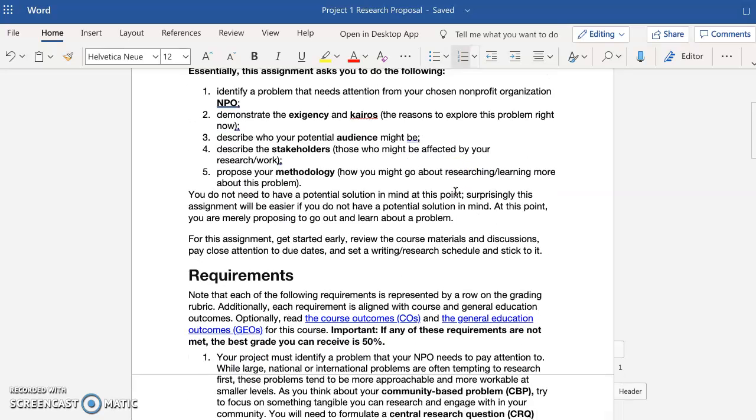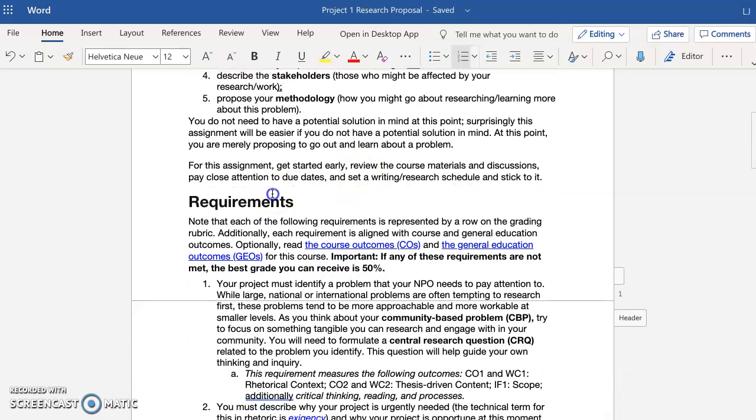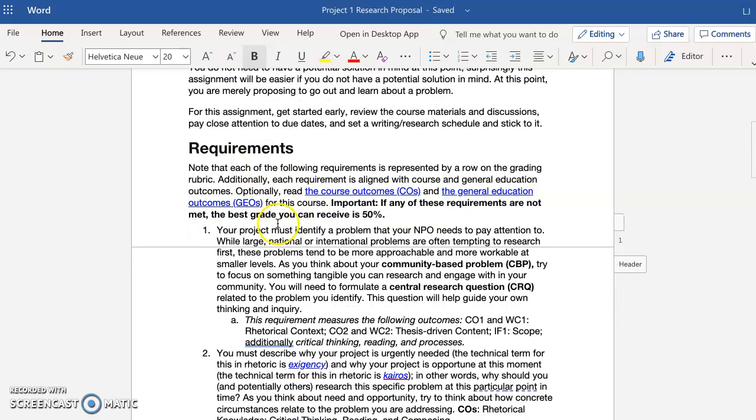Later in this document, the requirements are spelled out in a little more detail. For each requirement, I also mention the outcomes that the requirement is linked to. You don't have to know that. You're not going to be tested on that.